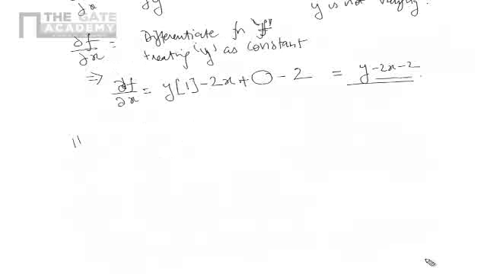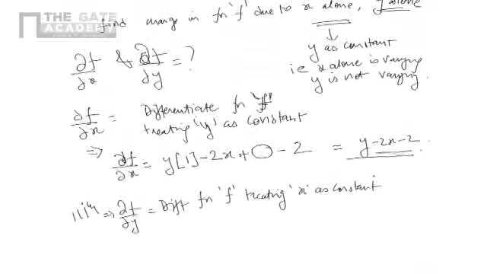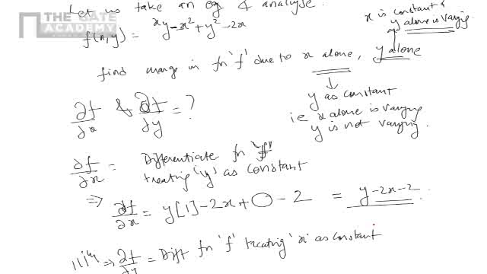Similarly, dou f by dou y is differentiate function f treating x as constant. When I do that, what I get?